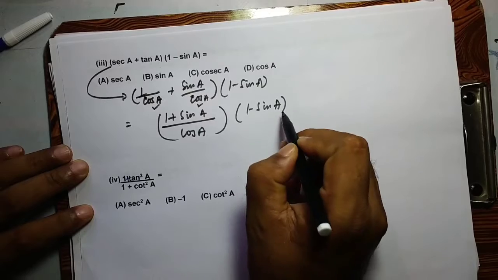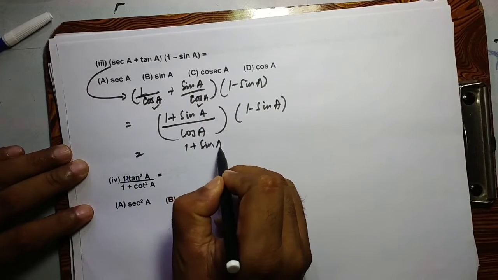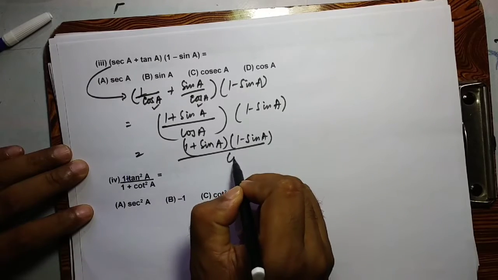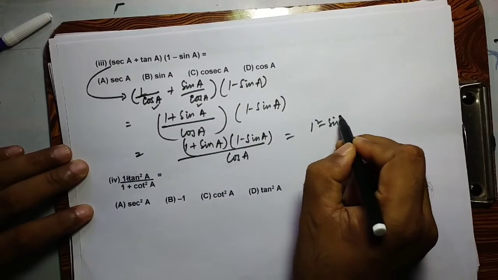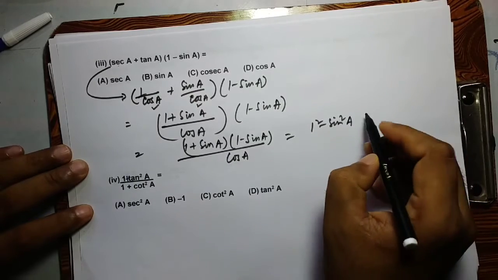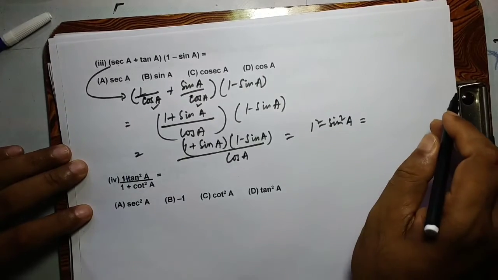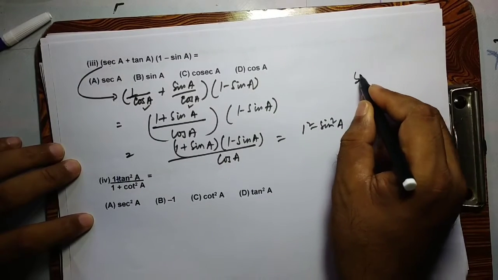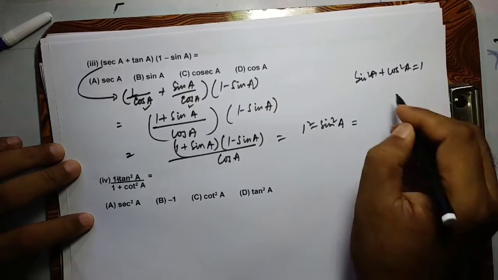Okay. So this is how much? This is 1 plus sin a into 1 minus sin a over cos a, and this is 1 square minus sin square a. 1 square minus sin square a is nothing but, sin square a plus cos square a equal to 1.